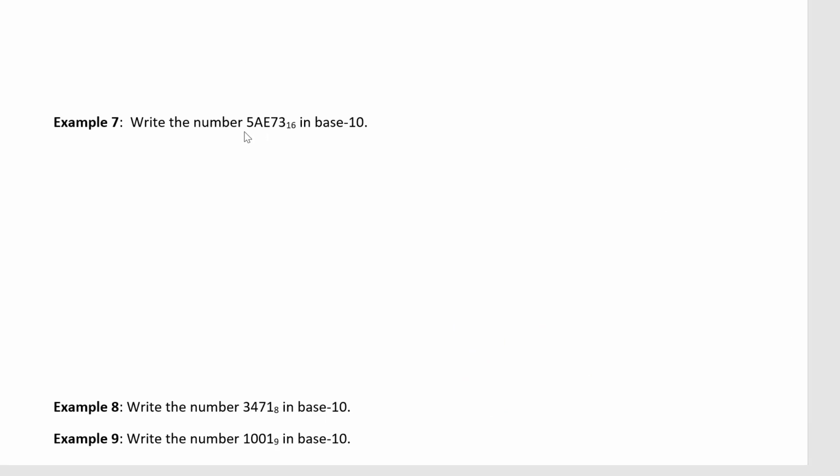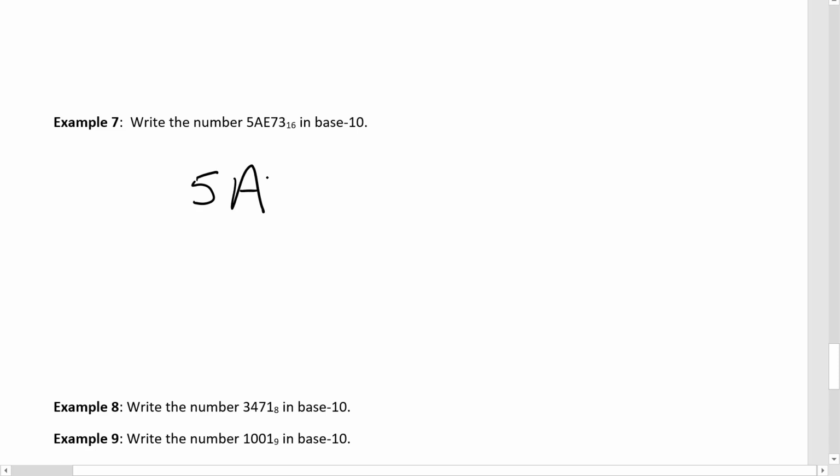Okay, now let's write this number 5AE73 in base 16 converted into base 10. So we're going to switch from base 16 to base 10. So recopy it, 5AE73 base 16. Each of these is an increasing power of 16, where the letters represent numbers 10 or bigger.